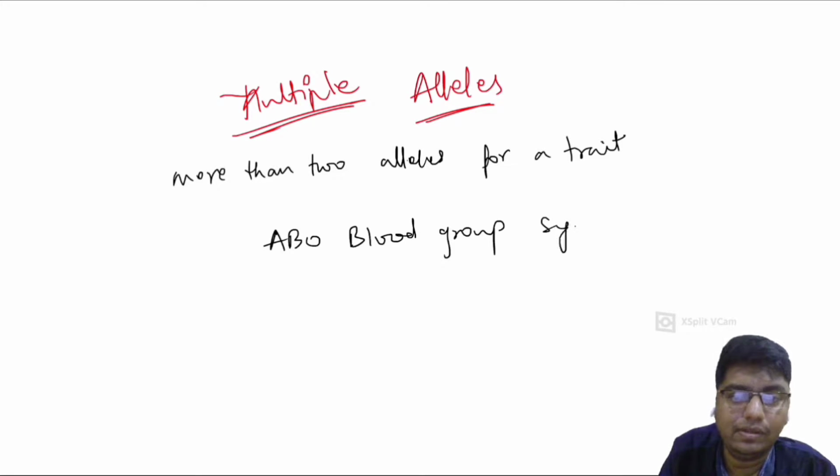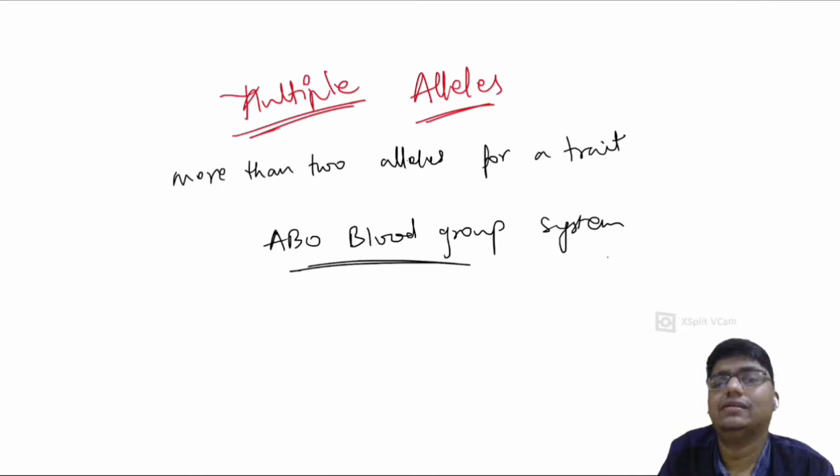In this video, the multiple allele concept is there, and now we will start with what the ABO blood group system is and how it is linked with multiple alleles. We know that multiple alleles means more than two alleles. Now let's see how this is correlated with the ABO blood group system.